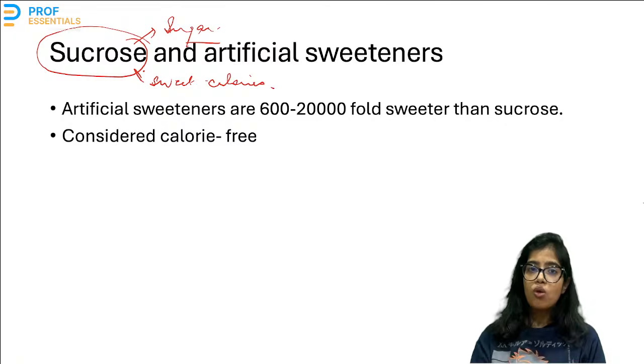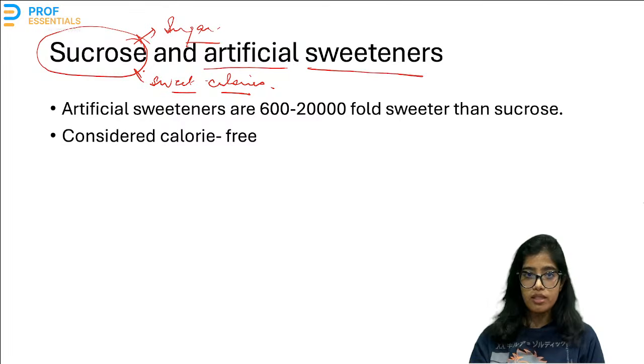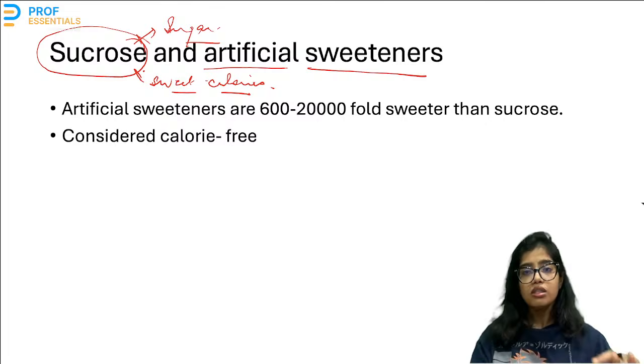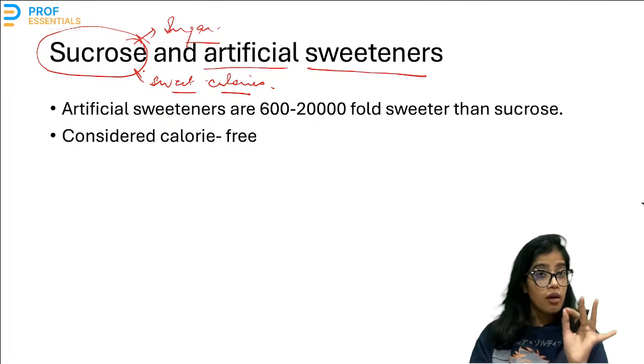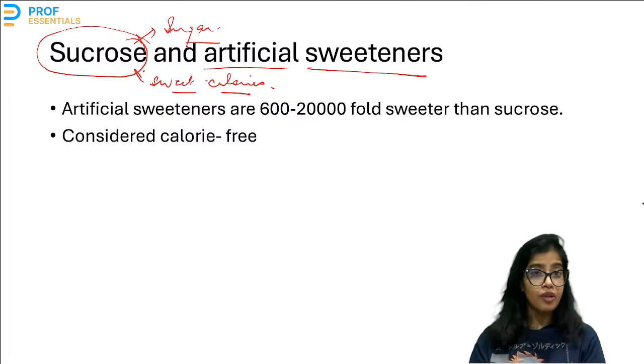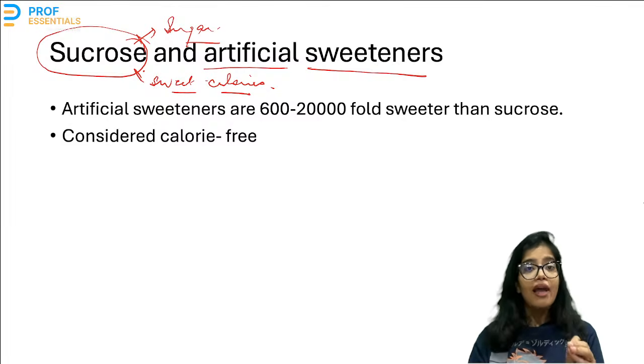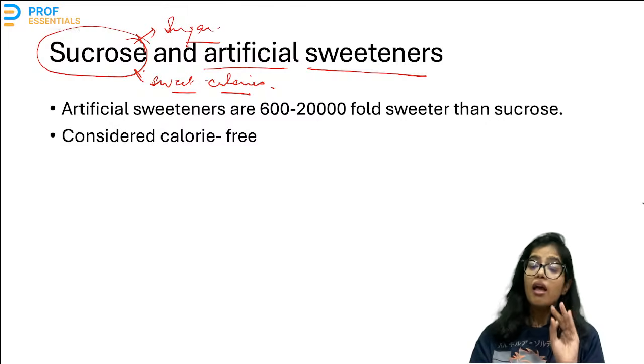So, for people who are watching their calories, or who need to reduce their calorie intake, they are advised to replace sucrose with artificial sweeteners. Now, these sweeteners are 600 to 20,000 times sweeter than sucrose, but they are calorie free. So you can take them in limited amounts and you don't have to worry about the calories.